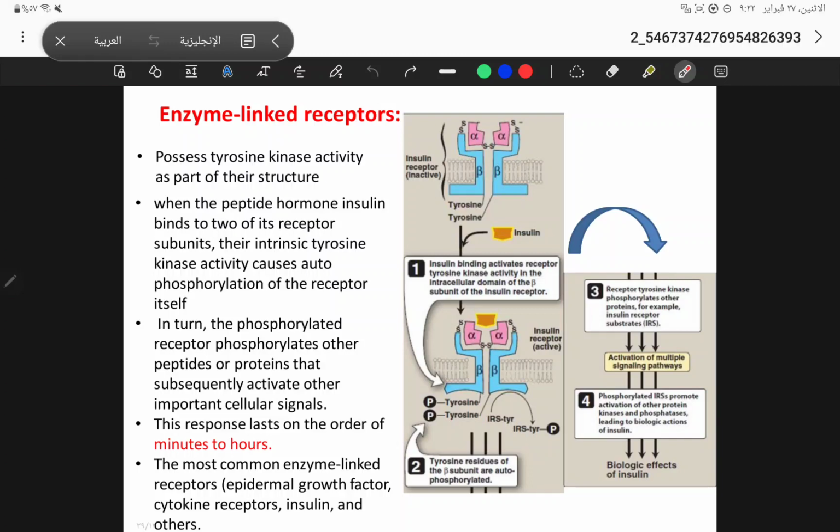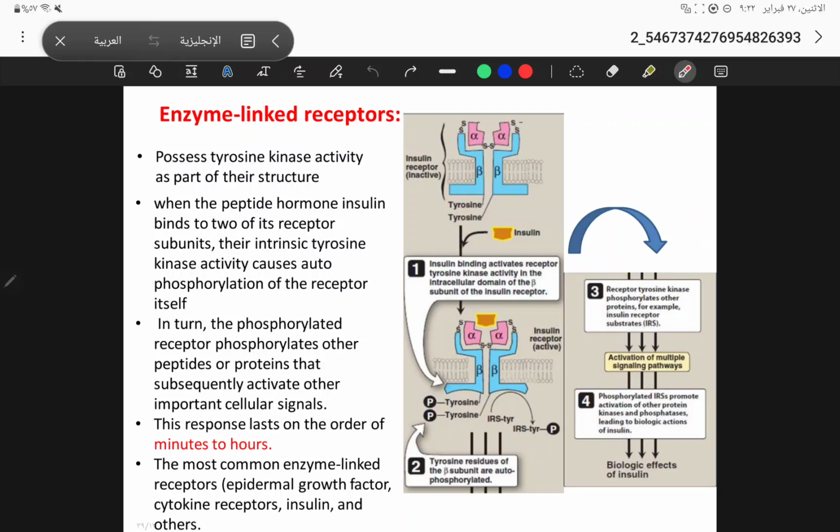So, as I said before, these receptors possess tyrosine kinase activity as a part of their structure. يعني receptor هو أصلاً به enzymatic activity. When the peptide hormone, for example insulin, binds to two of its receptors, دائماً الانسولين bind to two subunits, not وحدة.